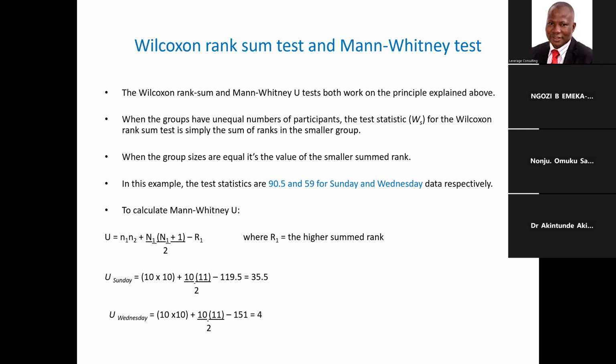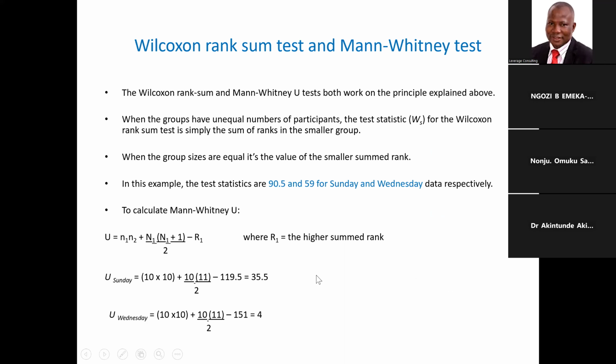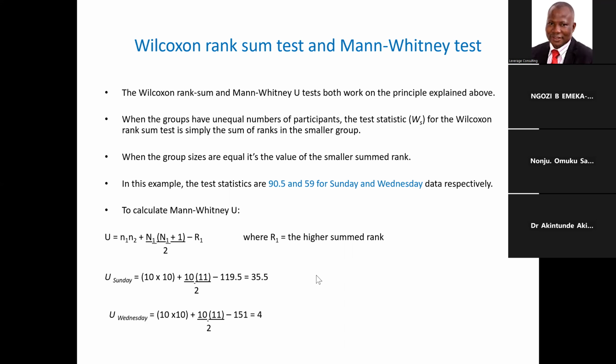If you put this into application now, you see 35.5 for Sunday and 4 for Wednesday. That is Mann-Whitney. Can you see now? That's why in real life we prefer using Mann-Whitney, because it is able to quantify it further and make it more sensible. It works further on the Wilcoxon.